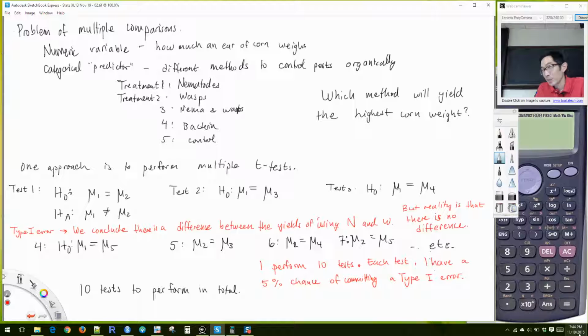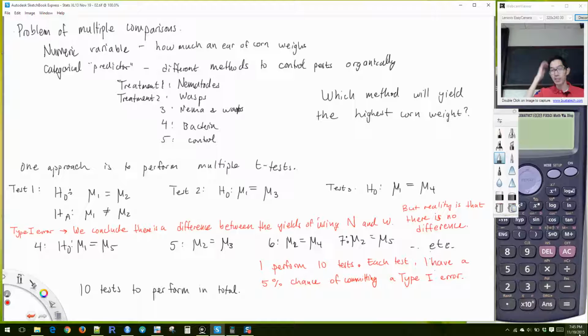And you play the game 10 times, there's a fairly decent chance that one of those times something goes wrong, right? And so this is the problem with doing just a bunch of t-tests, is that if you perform a whole bunch of tests, you're almost bound to commit a type 1 error.